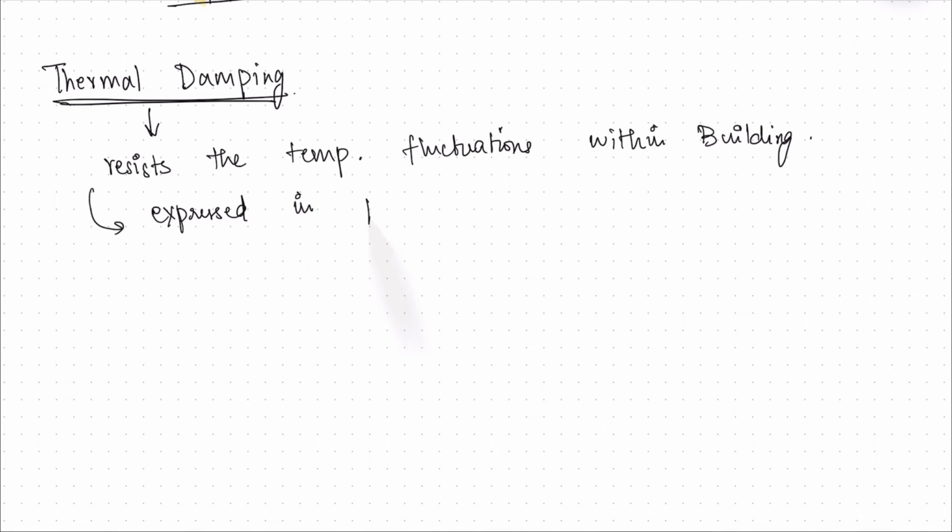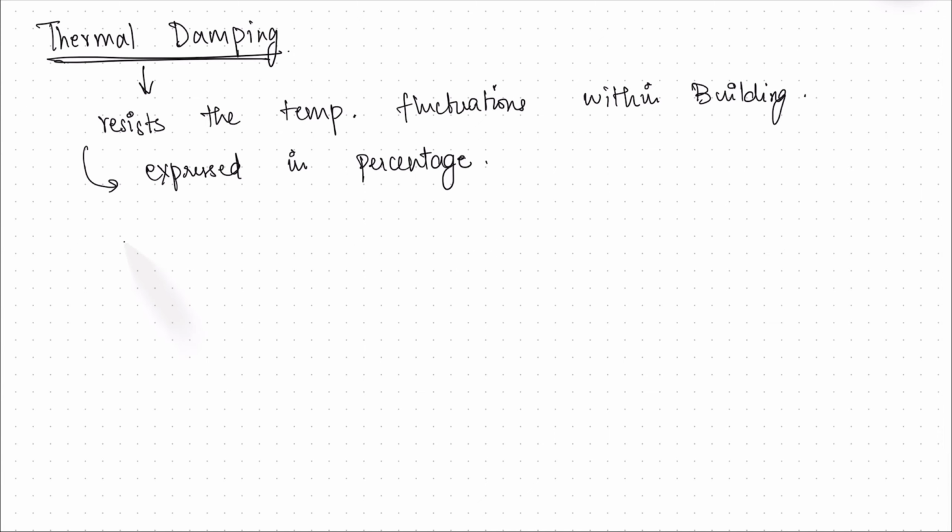And the formula for it is thermal damping is equal to the outside temperature range minus the inner temperature range within the building, divided by the outside temperature range, into 100 because it's expressed in percentage.